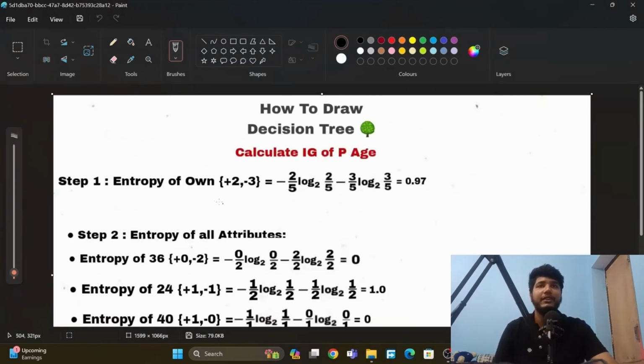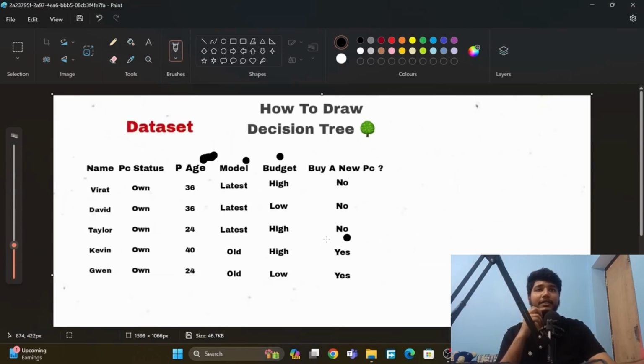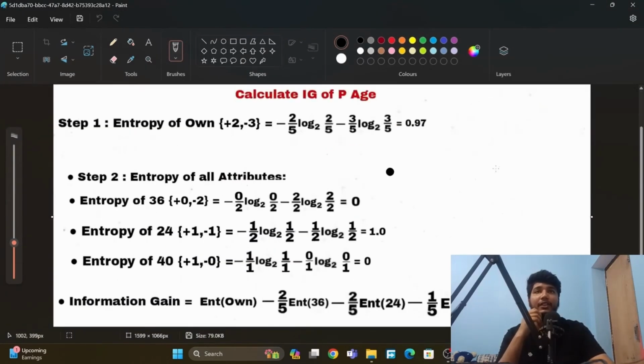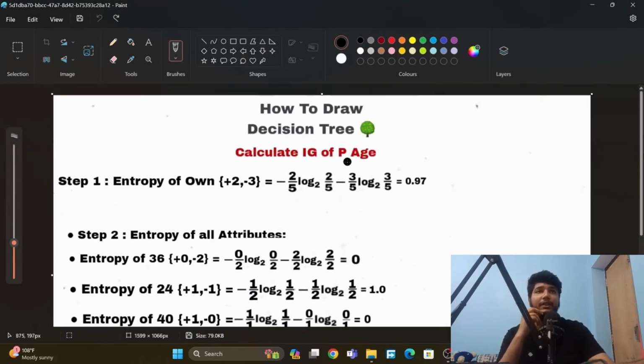So here we have done it again. This time it is not the entropy of the entire data set. It will be the entropy of on, because we are calculating for on, which will be the node inside on. This is the total yes and no in on: 2 yes and 3 no. We have done it again. Now we are doing this for person age.